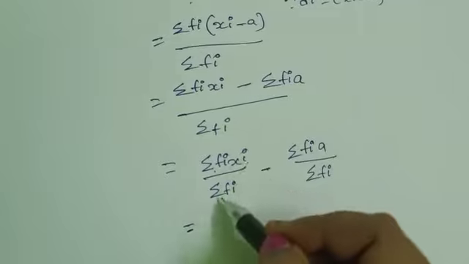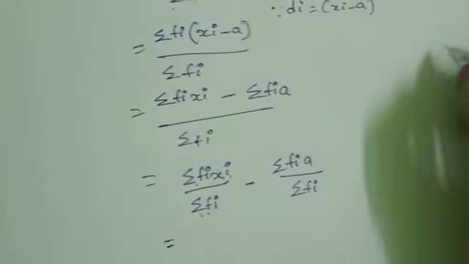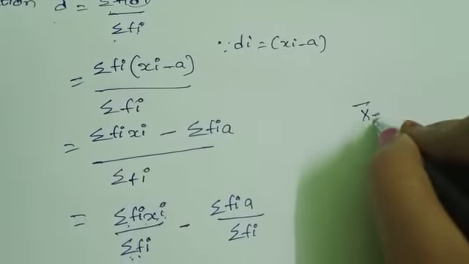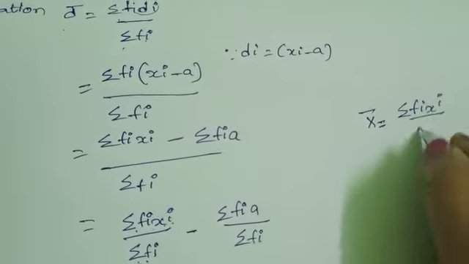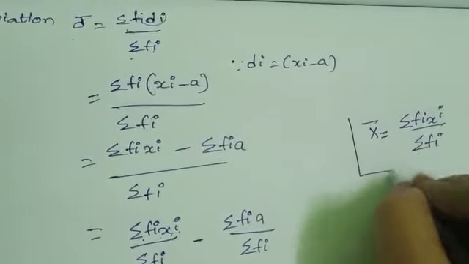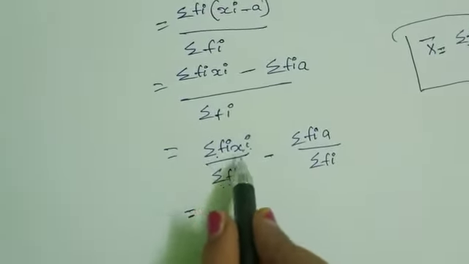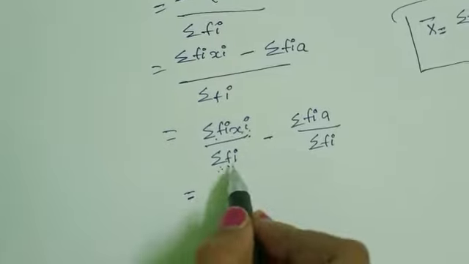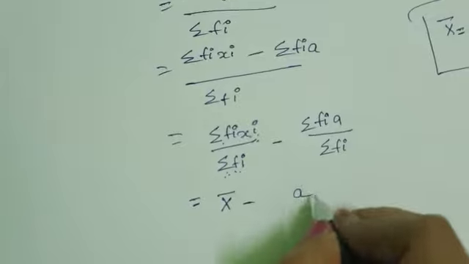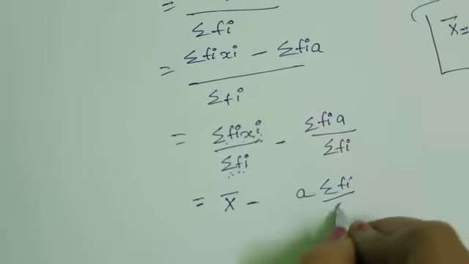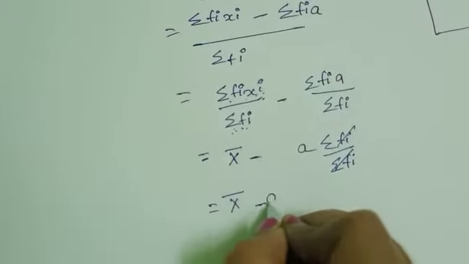Sigma fi xi by sigma fi is x bar, the mean. Here a is common, sigma fi by sigma fi is cancelled, which is equal to x bar minus a.